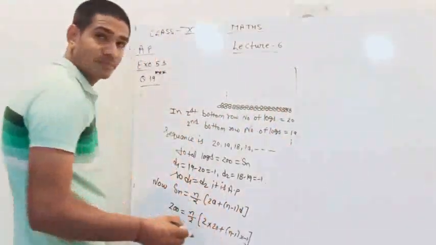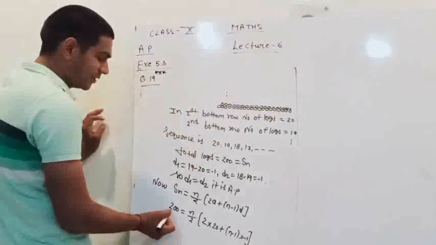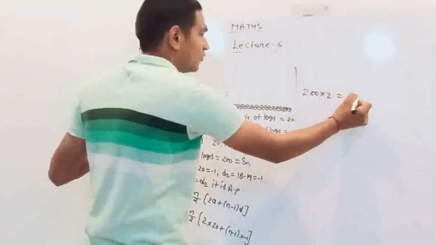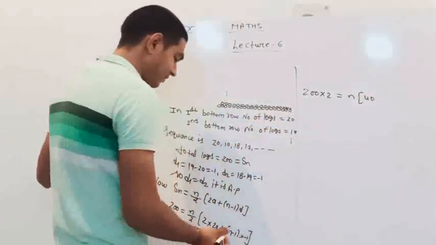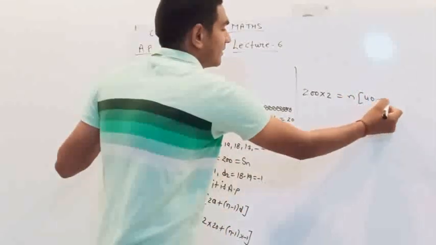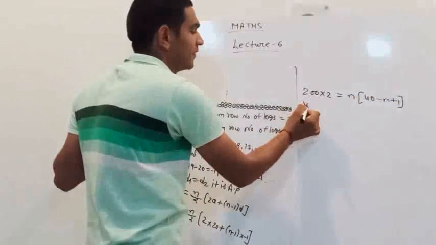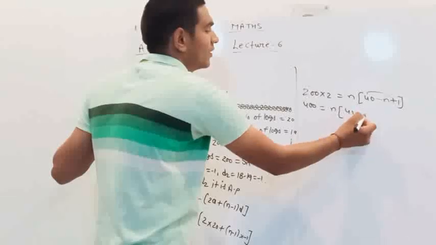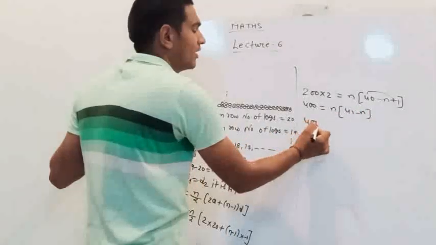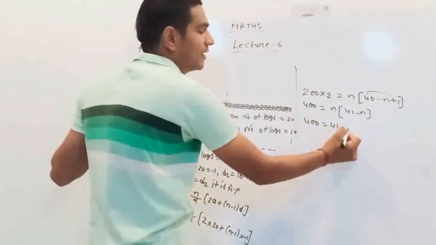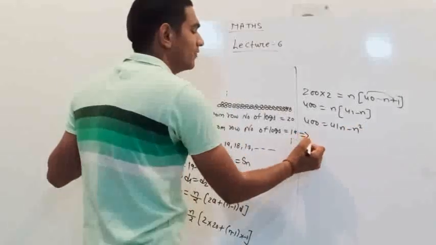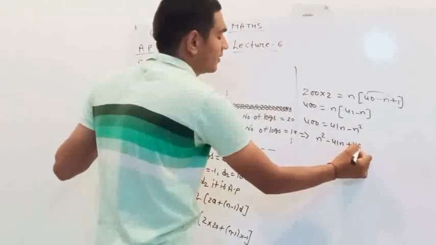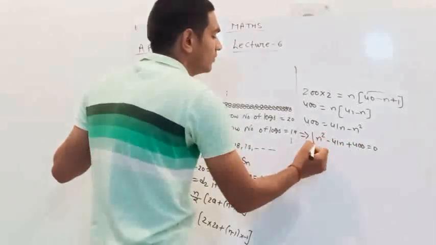Now we will simplify. 200 multiplied by 2 is equal to n into 40 minus n plus 1. So 400 is equal to n into 41 minus n, so 400 equals 41n minus n square, which can be written as n square minus 41n plus 400 equals 0.